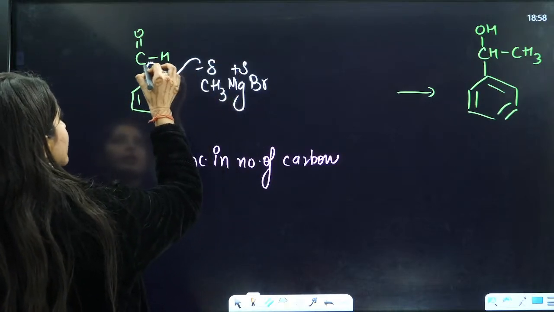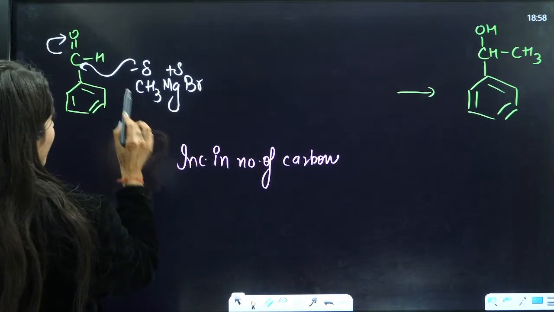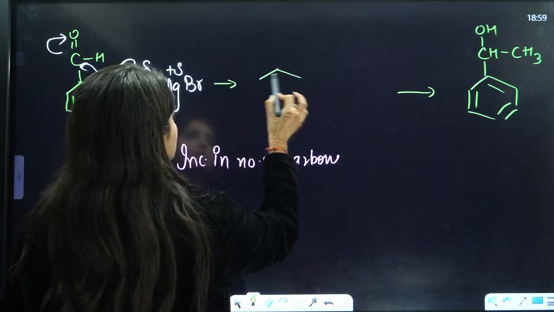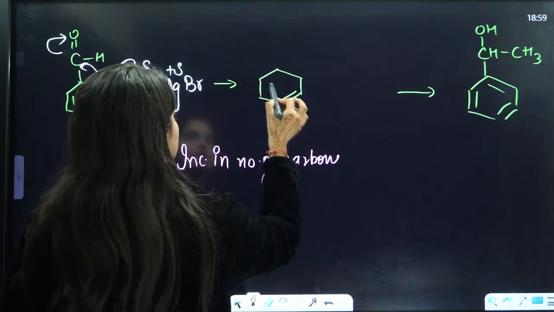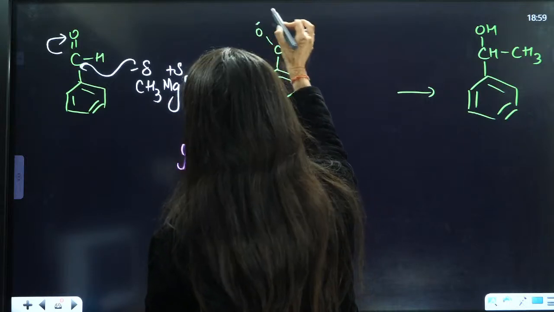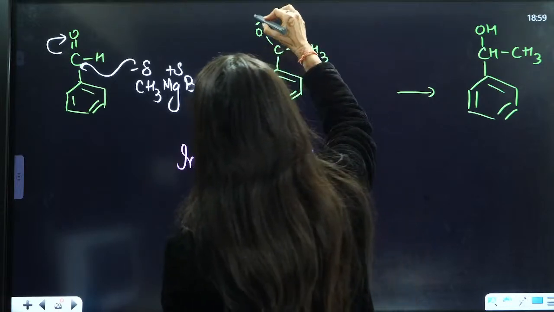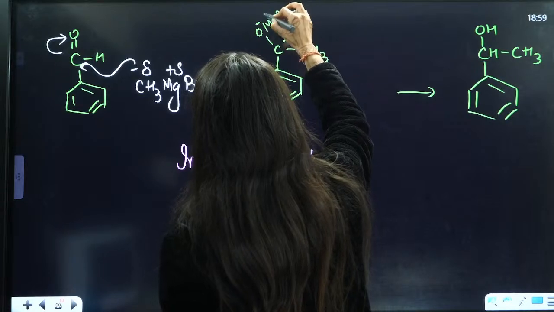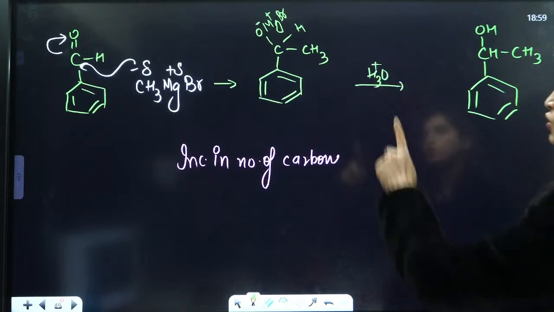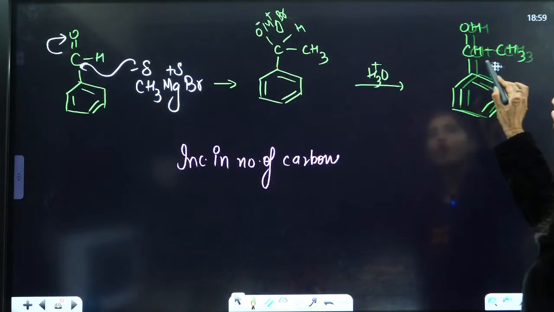This negative is going to attack here and the electrons jump to oxygen, and you will have the benzene ring with C, O negative, hydrogen and CH3. To this O negative, MgBr attaches. After hydrolysis, this OMgBr will be converted to OH, and hence you will have the formation of this product.